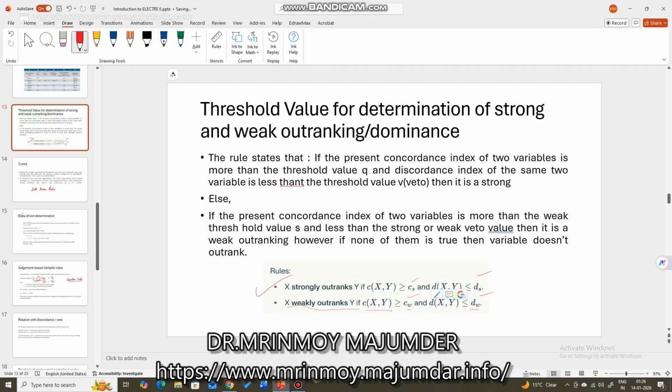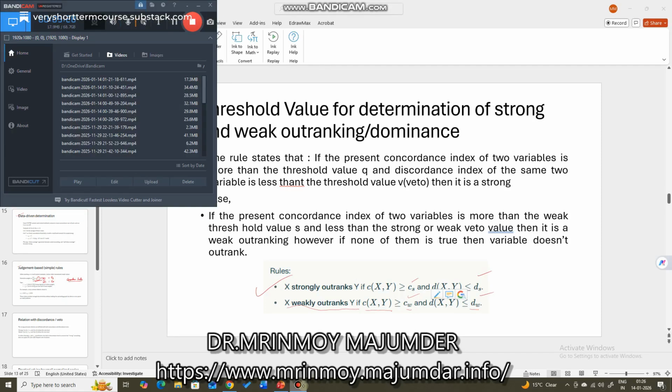Now, in case of the judgment-based method, you add all the concordance index values and take 70% or 60% of that value as strong concordance, and 45% or 55% of that value as weak concordance. I think this is clear now.